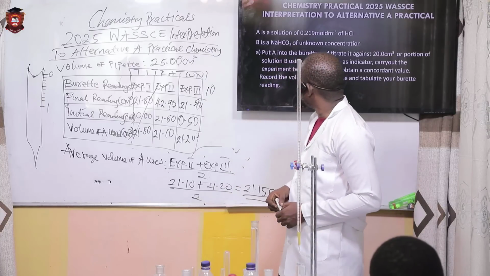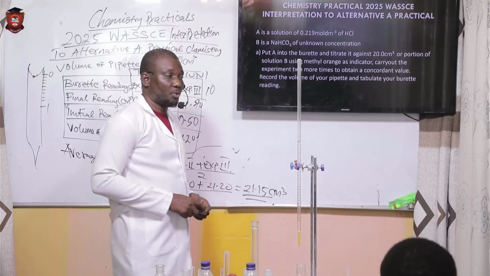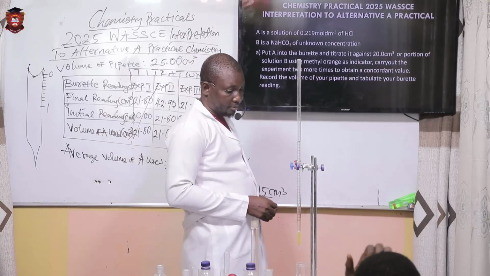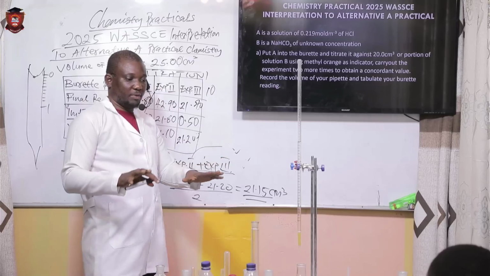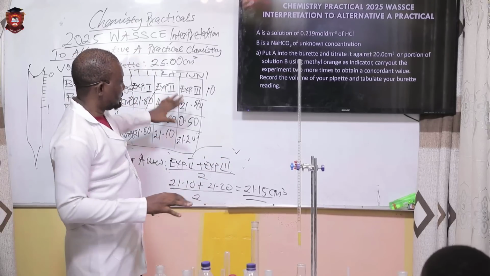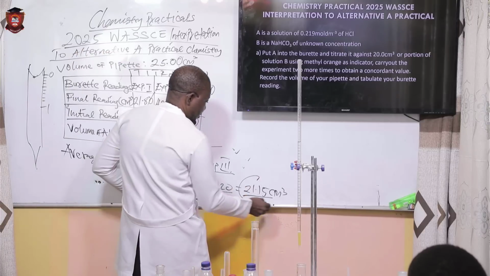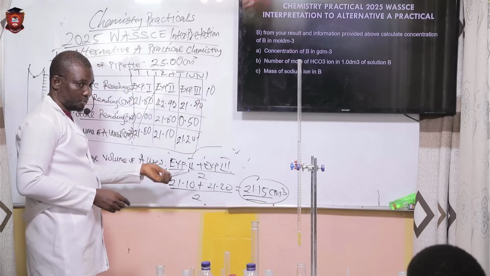So let's quickly go to question number B of this question. This part of the question will be on calculation. We are done with table work now, so whichever thing we obtained, we're going to use it to solve the bigger problem. So now we need this titration average volume.